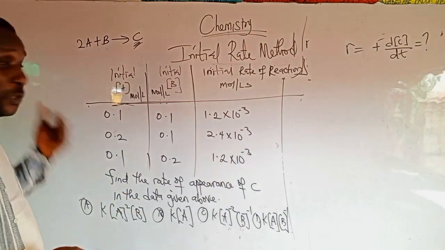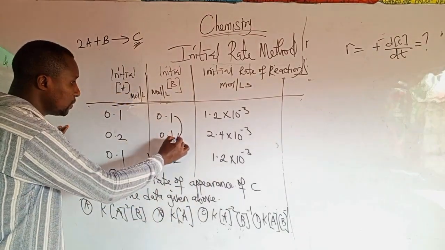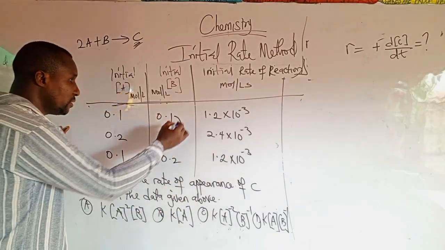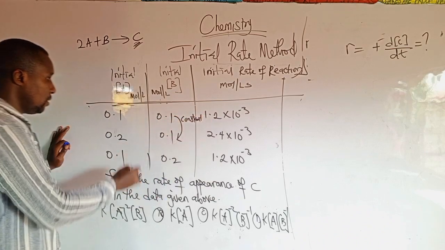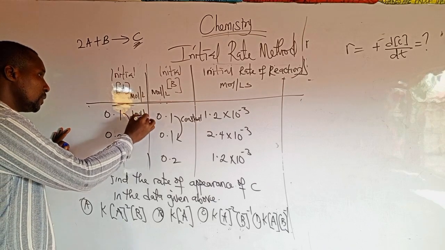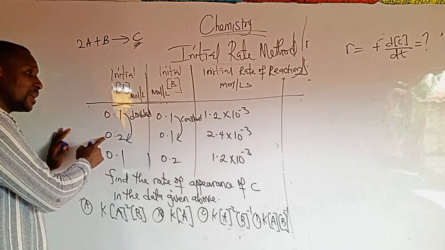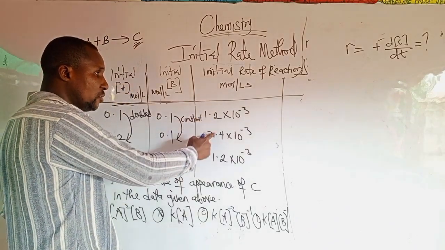Then let's look at it using the shortcut. When this one is constant, experiments 1 and 2, constant, let's look at what happens when this one is doubled. Experiments 1 and 2 doubled. What happened to the rate of reaction in 1 and 2?